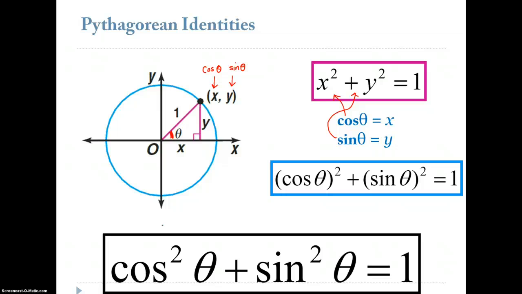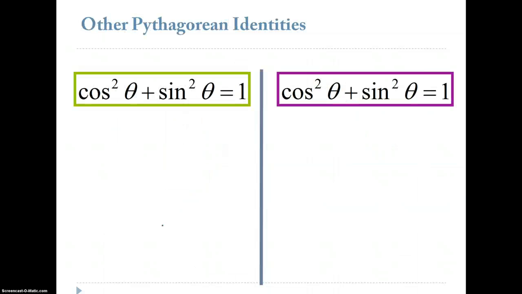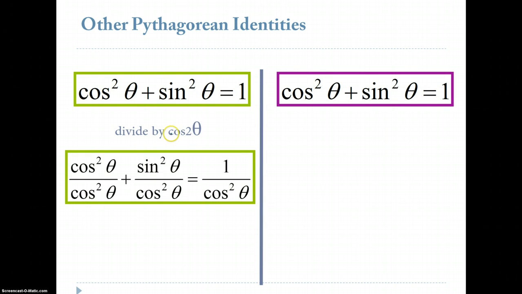Now what can you do with this identity? Well, first of all, you can come up with two other identities. The other Pythagorean identities all start with cosine squared theta plus sine squared theta equals 1. So I've got these two here. Now, on the left-hand side, we're going to divide everything by cosine squared theta.